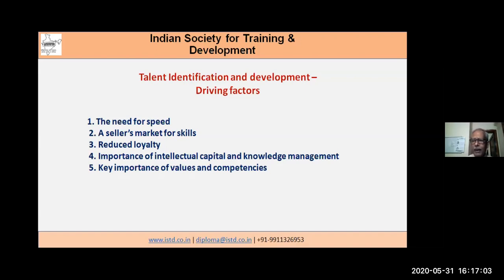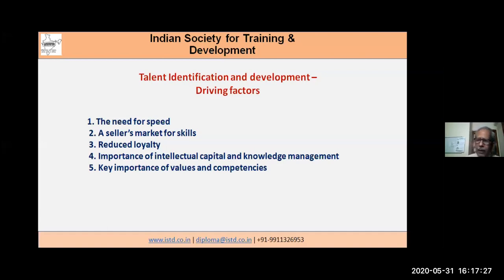I think you understand the basic premises on which talent management is based, that there should not be any paucity or dearth of people who are required at a particular point of time. We must get the right kind of people at the right time so that we can praise them. So for that, the things have to be done with a lot of speed, because we should always be ready with people.